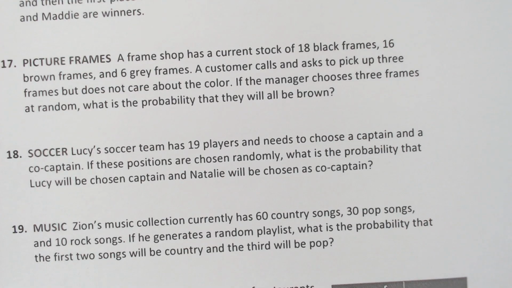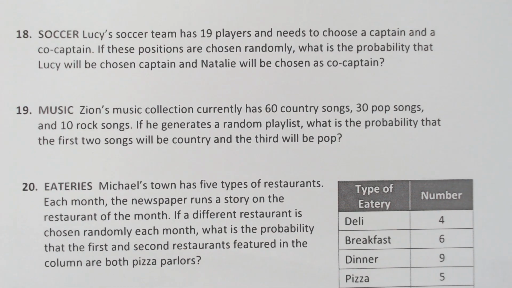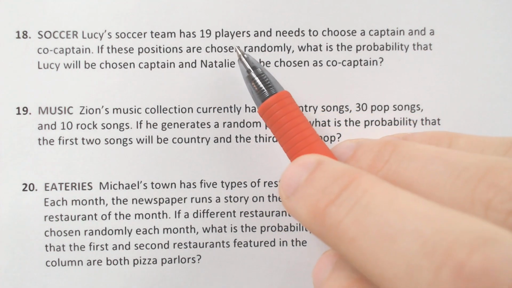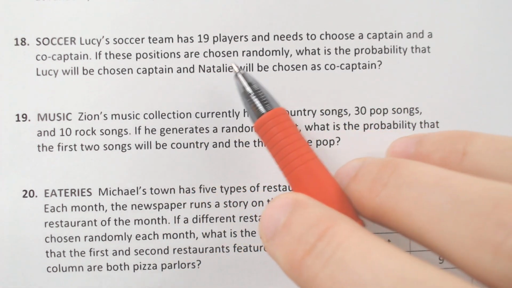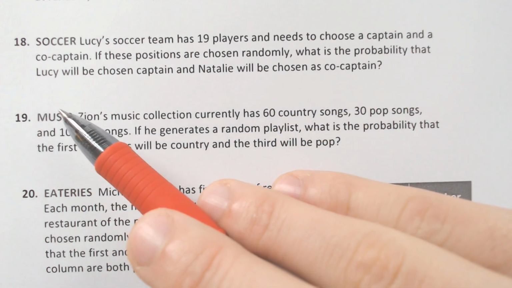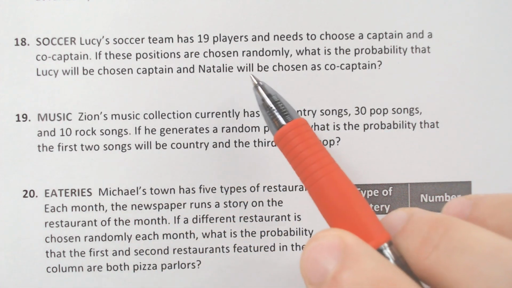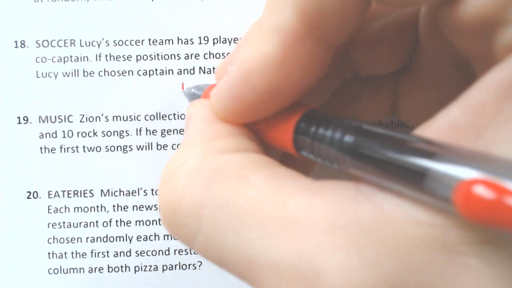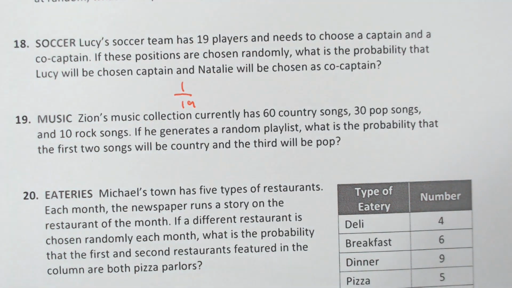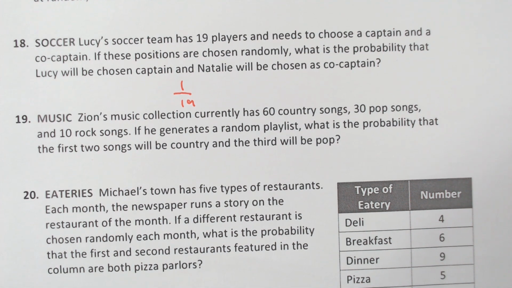This one is, I would consider, a not replacement question. Lucy's soccer team has 19 players and needs to choose a captain and a co-captain. If these positions are chosen at random, what is the probability that Lucy will be chosen as captain and Natalie will be chosen as co-captain? Well, Lucy has a 1 out of 19 chance of being picked for captain.